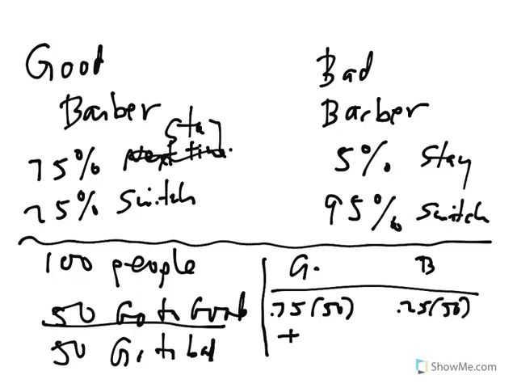But you're also going to get the people that switched. So he's going to get 95% of the 50 people that went to the bad barber, who are going to switch to him, whereas only 5% of the people that went to the bad barber will stay with that bad barber.